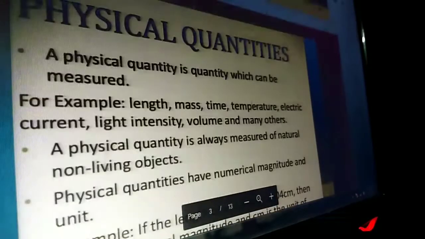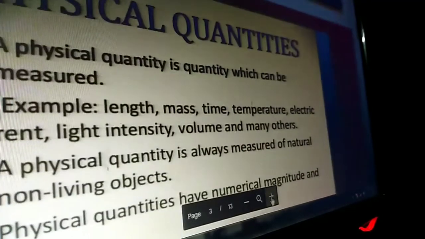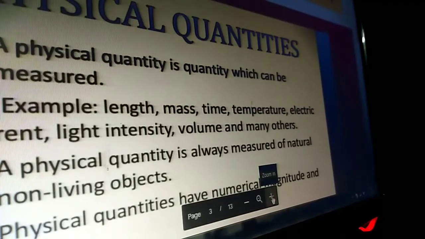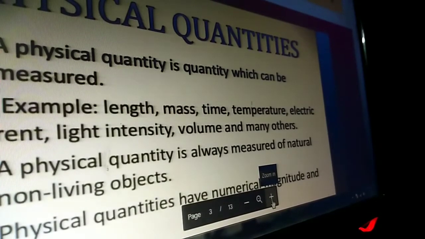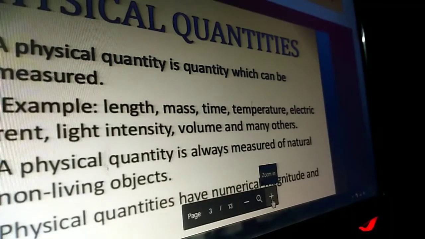A physical quantity is that quantity which can be measured. For example, length, mass, time, temperature, electric current, light intensity, volume, area, density and many others. These are all called physical quantities because we can measure them.